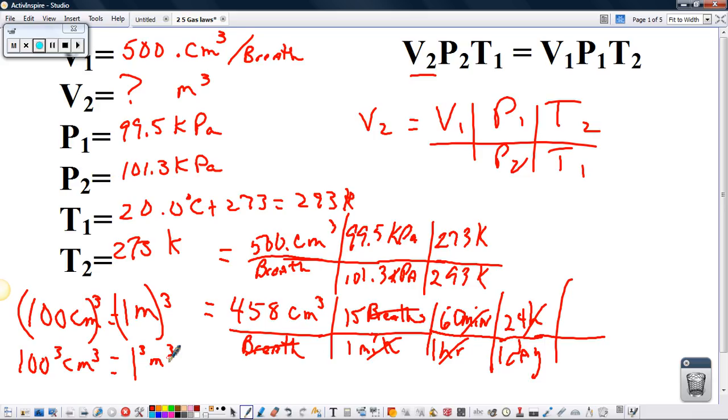And that'll be 100 cubed. It has to be a million. I've got centimeters cubed, so 100 cubed centimeters cubed is 1 meter cubed. And that's how I got it. I cubed both sides of that equality.